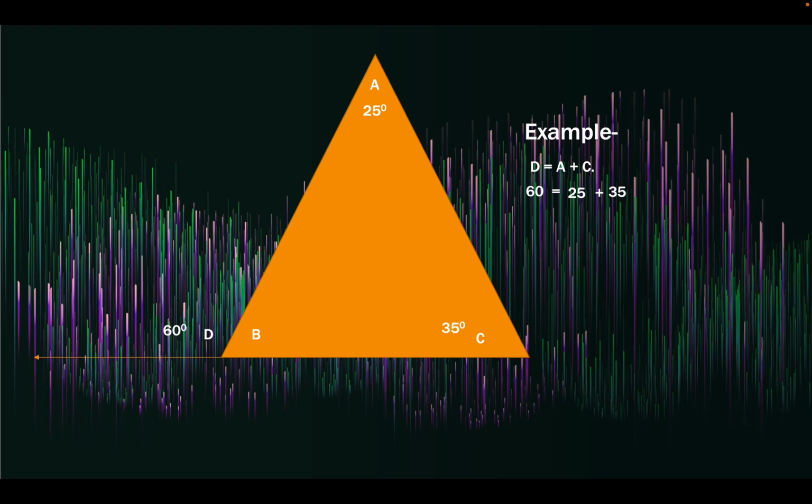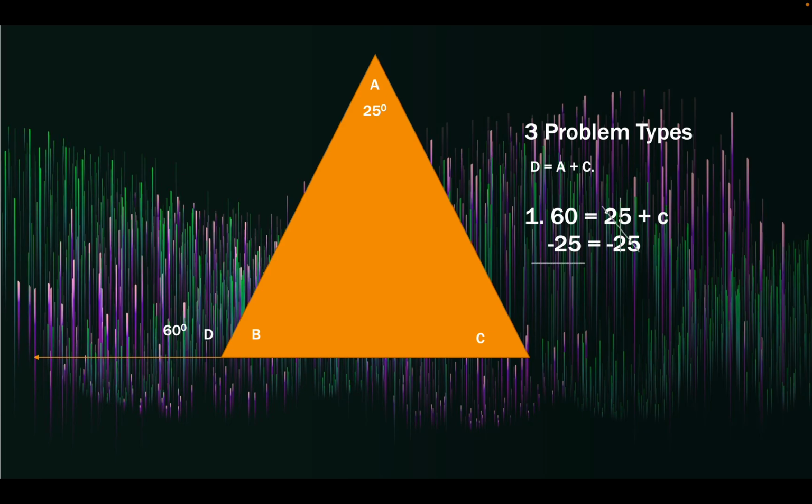This can lead to a couple of different problem types. There are three problem types. First of all, if I know that 60 equals 25 plus C, then all I gotta do to figure out what C equals is go ahead and subtract that 25 from both sides.